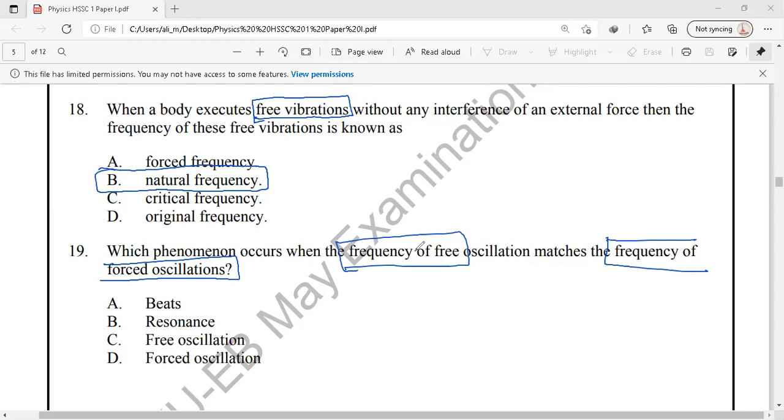So if our forced vibration matches the natural vibration of that vibrating body, that increases the amplitude of the vibrating body. This phenomenon is known as resonance, and the correct option is option B.